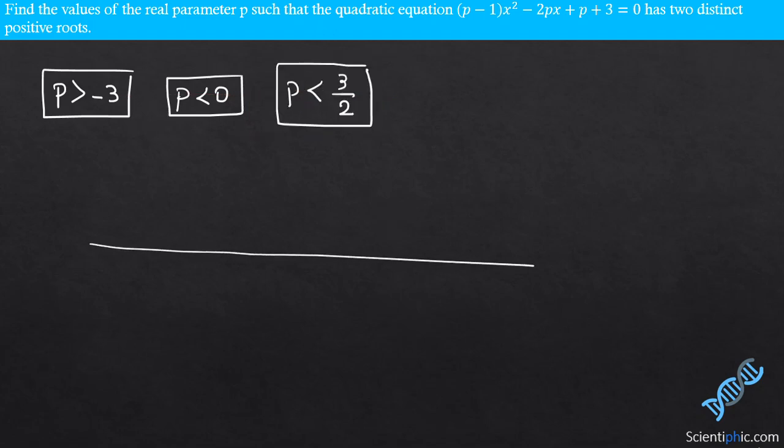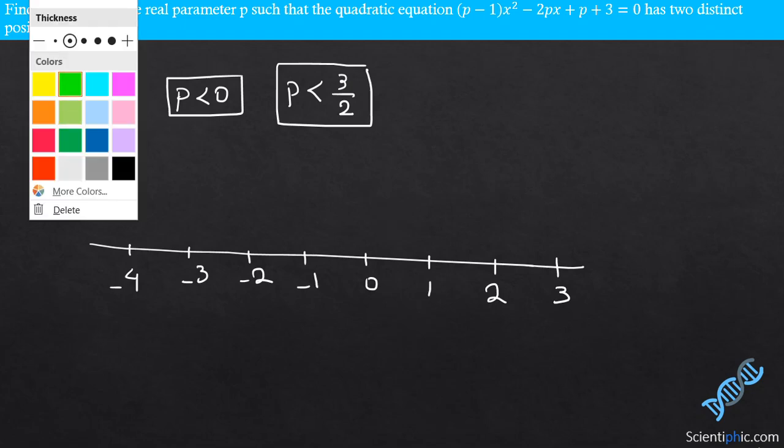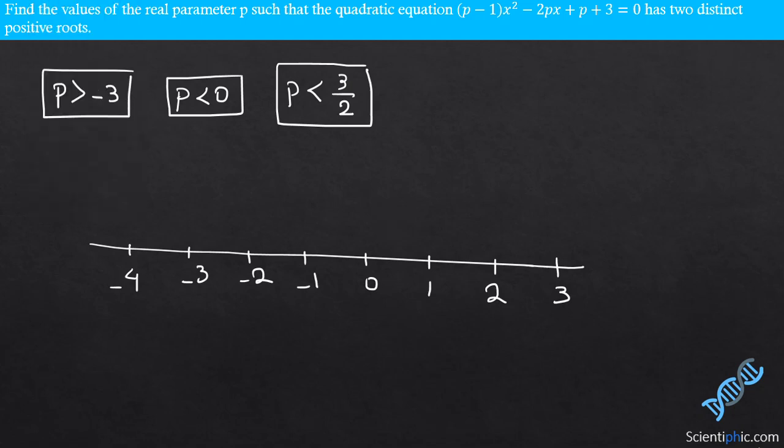I'm gonna draw a number line, so it starts from -4, -3, -2, -1, 0, 1, 2, 3. So the first one says that p has to be greater than -3.